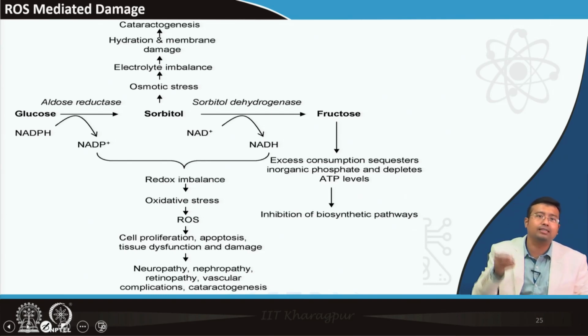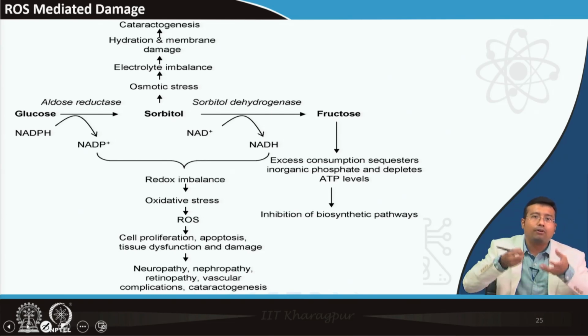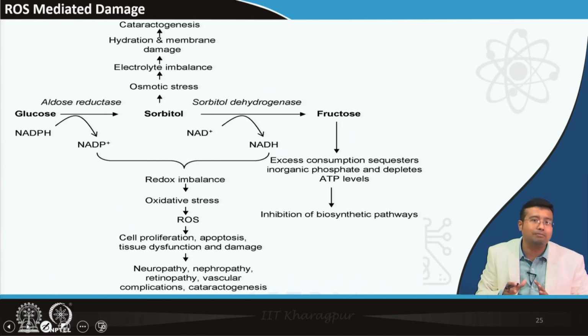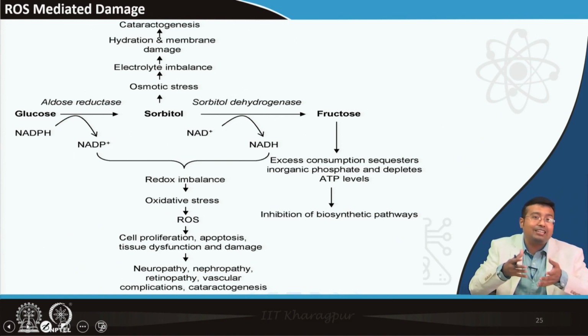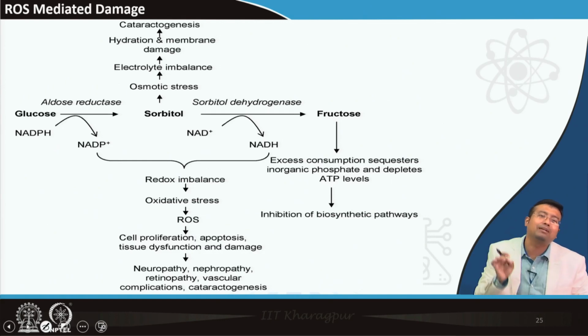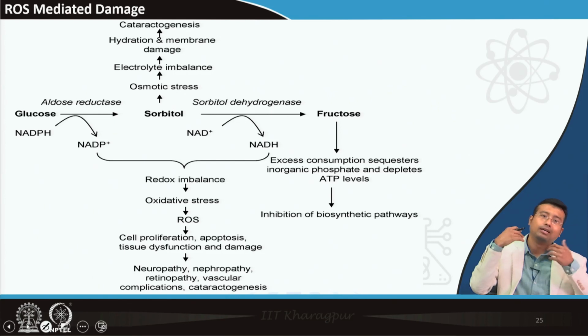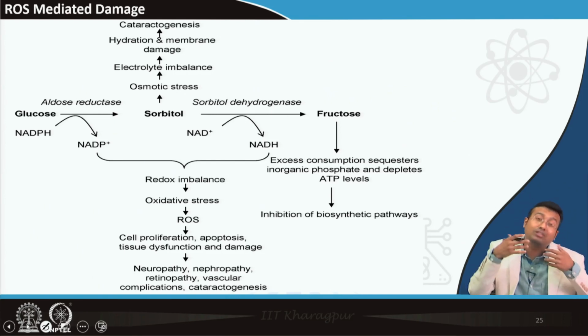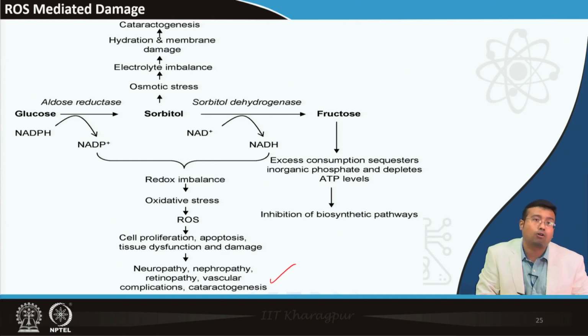Basically, this excess amount of sorbitol and an imbalance in the NADH to NAD ratio, that is redox imbalance, in diabetes mellitus leads to an increased amount of reactive oxygen species, that leads to something known as oxidative stress, and that oxidative stress hampers multiple normal cellular mechanisms, that is cellular proliferation, apoptosis, that leads to dysfunction and damage of the cell, and ultimately leads to all the microvascular complications.